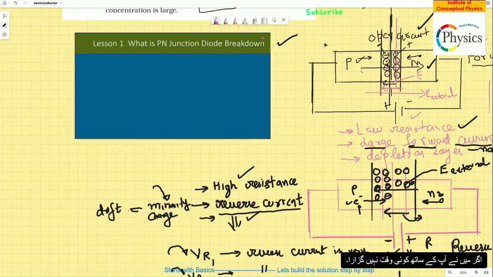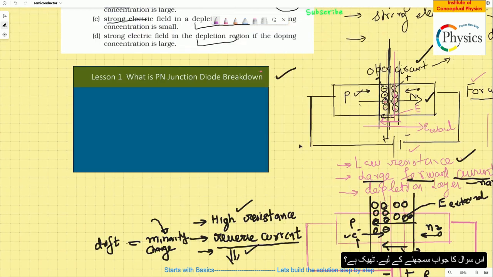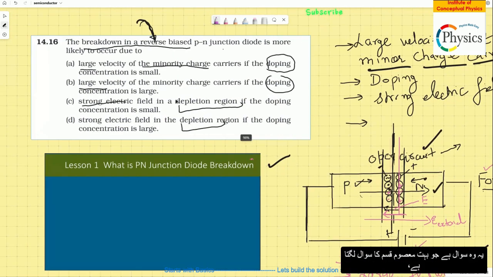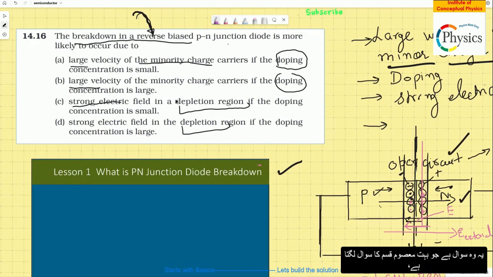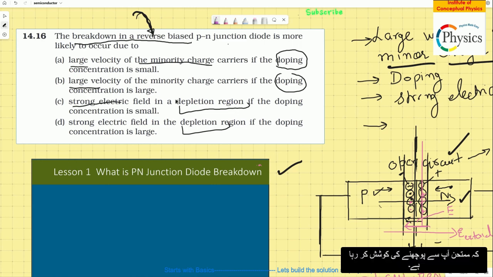If I did not spend time explaining this, you would not be able to understand the answer to this question. This question looks very innocent, but unless you know the details of reverse biasing, you will not be able to understand what the examiner is trying to ask you.